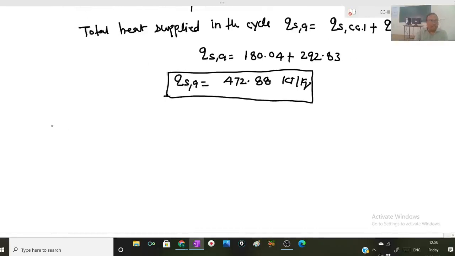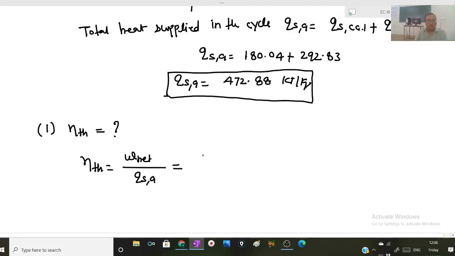So the very first thing you have been asked to calculate is thermal efficiency. Thermal efficiency is W net to the total heat supplied. W net is nothing but W turbine minus W compressor to the heat supplied.